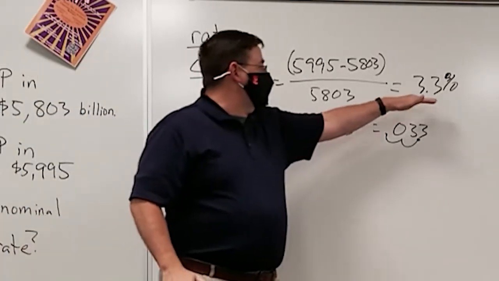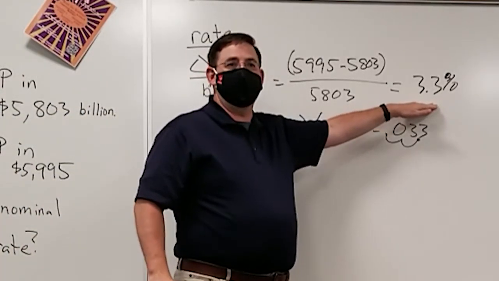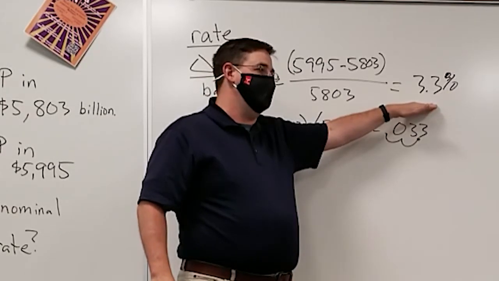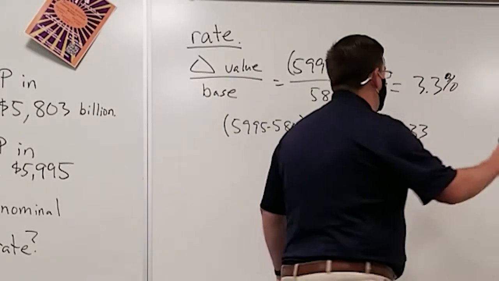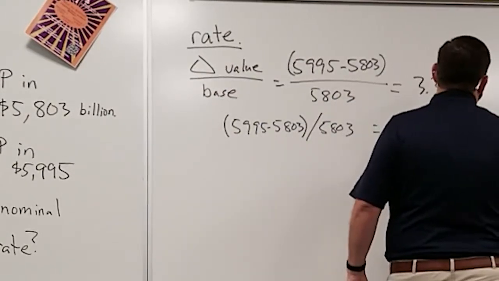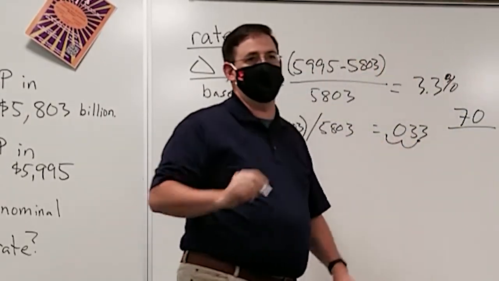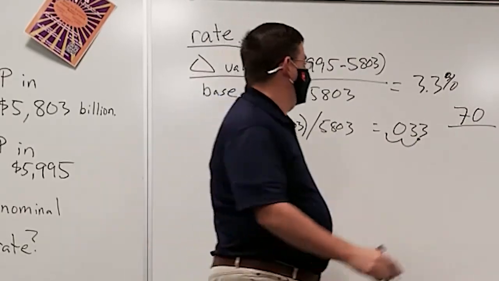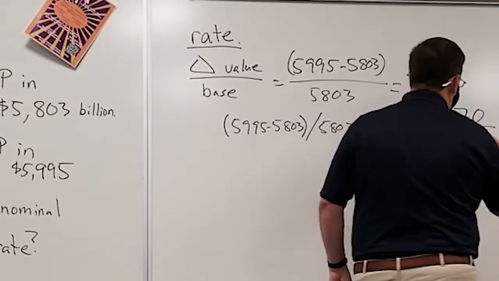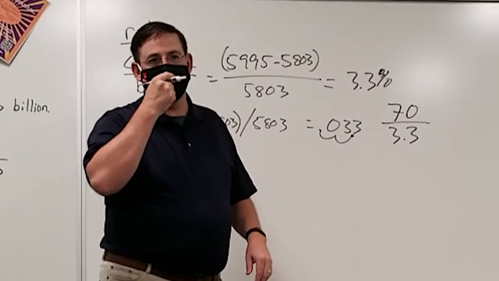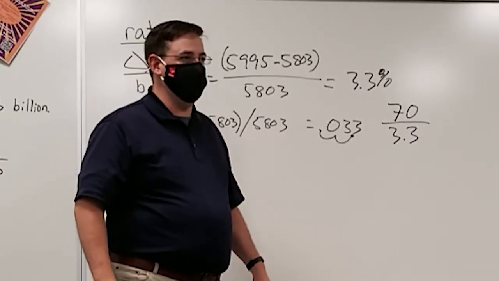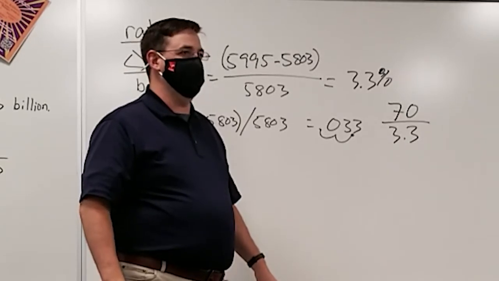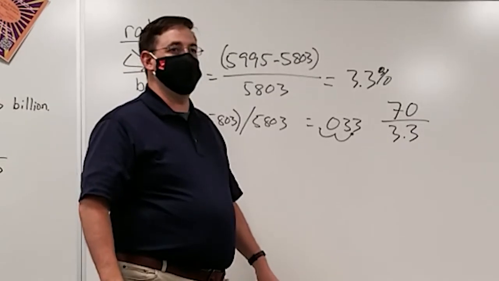Now, is 3.3% growth a good number? Is that a good growth rate? Sure, that's respectable, right? At 3.3% a year, we can use what we talked about in chapter 7, the rule of 70. Take 70 divided by 3.3, and what do you get? About 21.